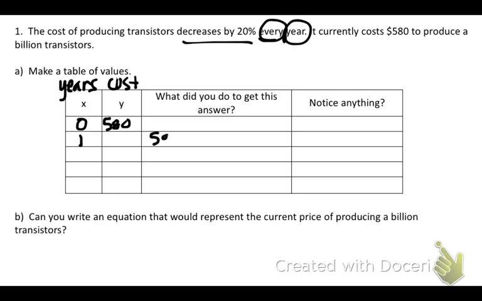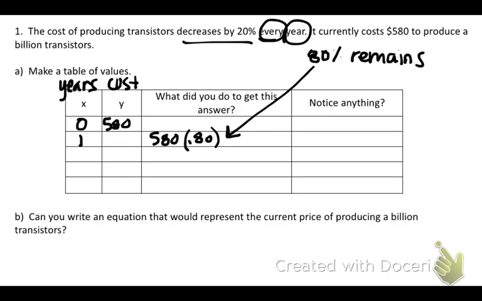Well, it's going to be 580 times what percent is left? 80%. 80% is left, so we're actually going to do 580 times 0.80. There's a point in there. I don't know if you can see it because my writing is so small. So real quick, decreasing by 20% means 80% remains.